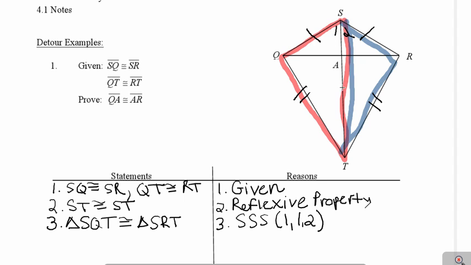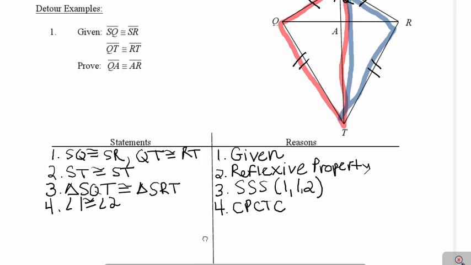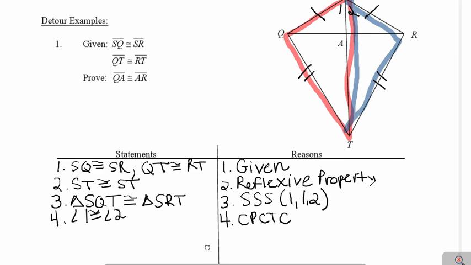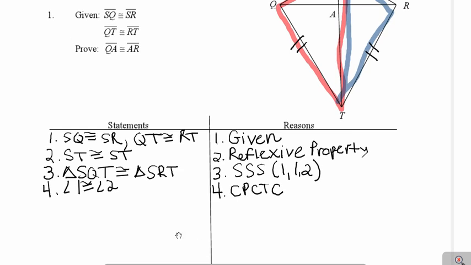So I'm just going to call those angles 1 and 2, because now that I've proven that those 2 larger triangles are congruent, I can say directly after that that angle 1 is congruent to angle 2 by CPCTC. Now, once I have those angles congruent, I can just simply use the reflexive property on SA to get the 2 smaller triangles congruent.